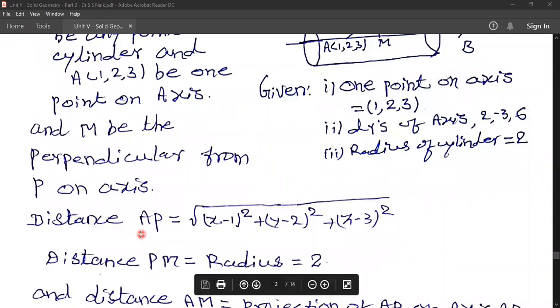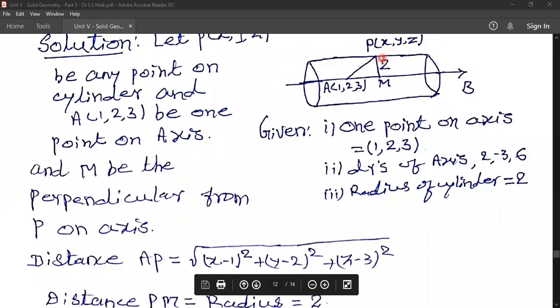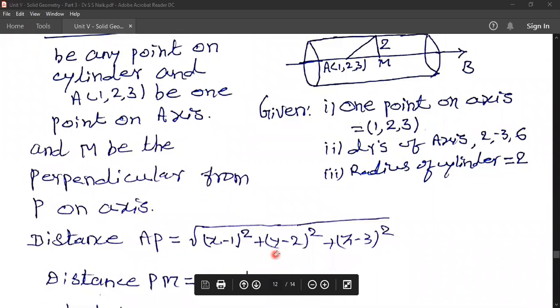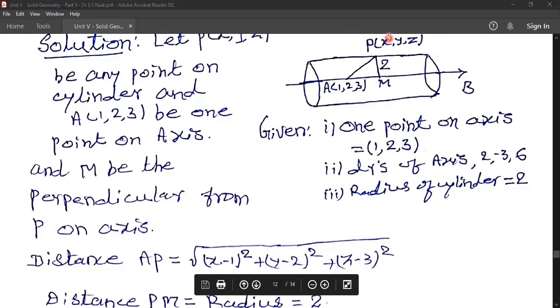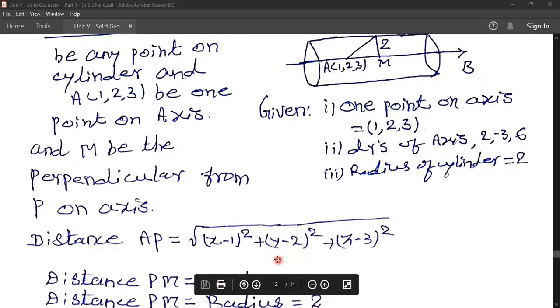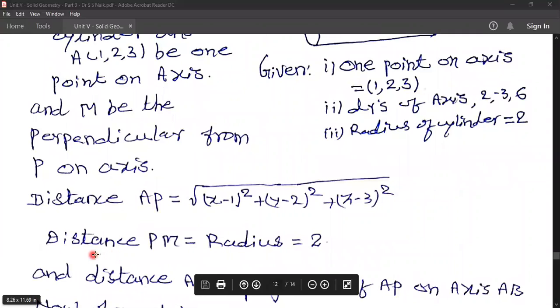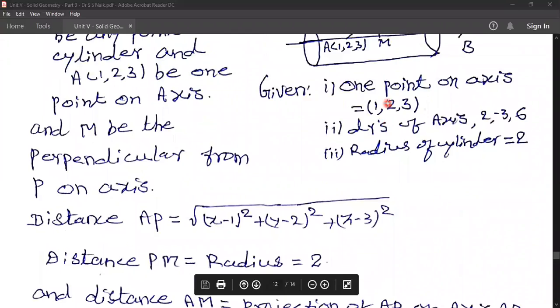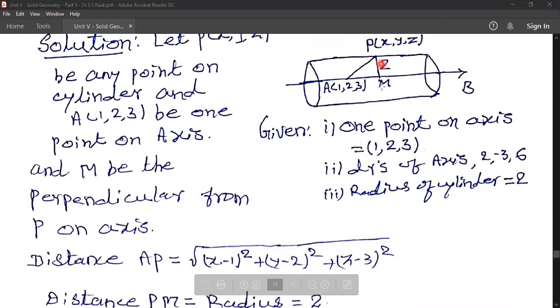Then distance AP is the square root of (x−1)² + (y−2)² + (z−3)², by using the distance formula. Then the distance PM is 2, which is already given, that's the radius of the right circular cylinder.